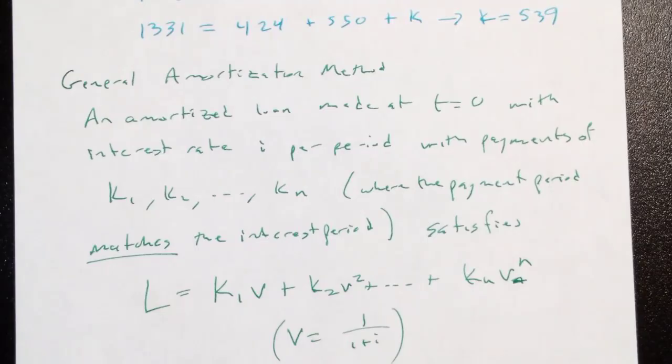Since my payment period is matching my interest period, I don't have to worry about compound interest in the first period. If I'm just going to borrow this for one period, whether that's 1 week, 1 month, 1 year, I'm just going to make one payment and be done.